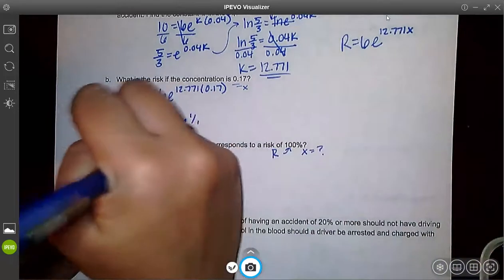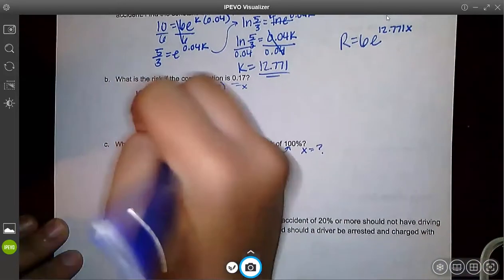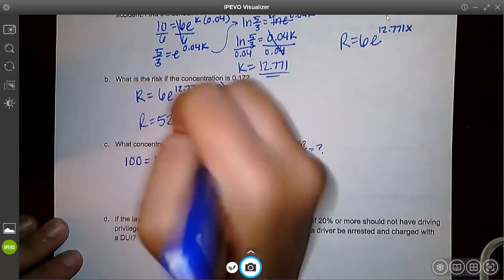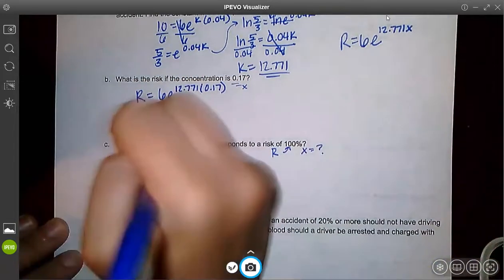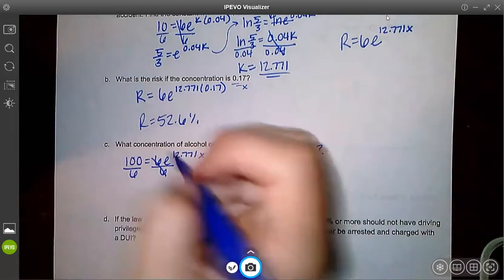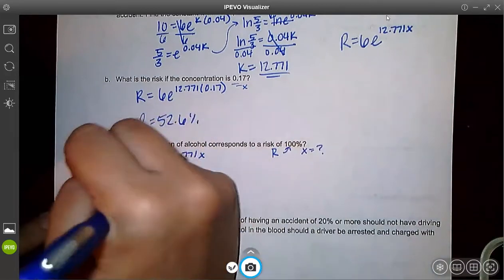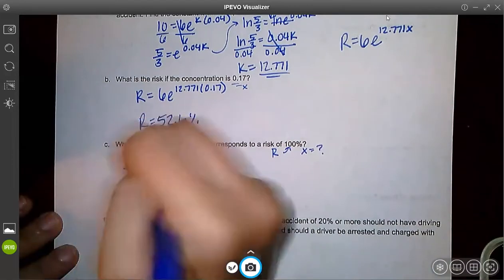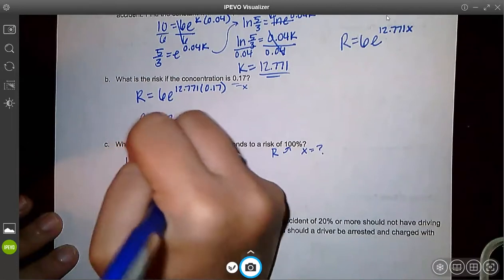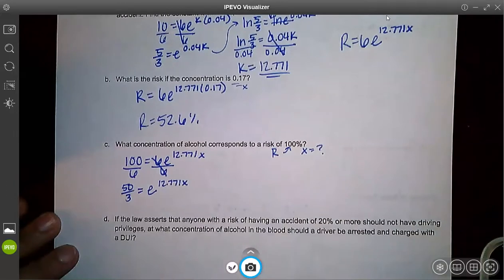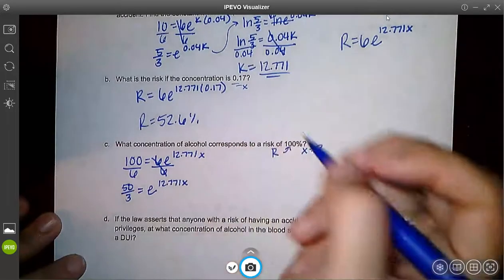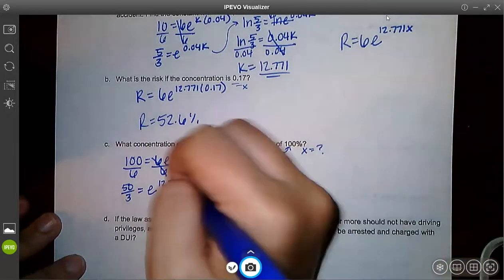So 100 is going to equal 6 e to the 12.771 X. Divide both sides by 6. Simplify that and you get 50 over 3 equals e to the 12.771 X. Now you're going to take the natural log of both sides.